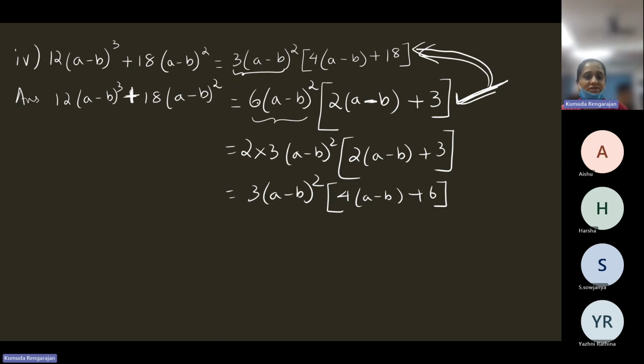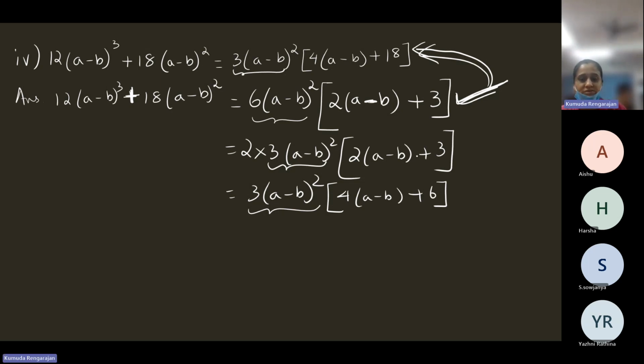So what you do, you write 6 as 2 into 3, (A minus B) the whole square and all the others as it is. Now retain 3 into (A minus B) the whole square outside. Multiply this 2 with both the terms inside the bracket.